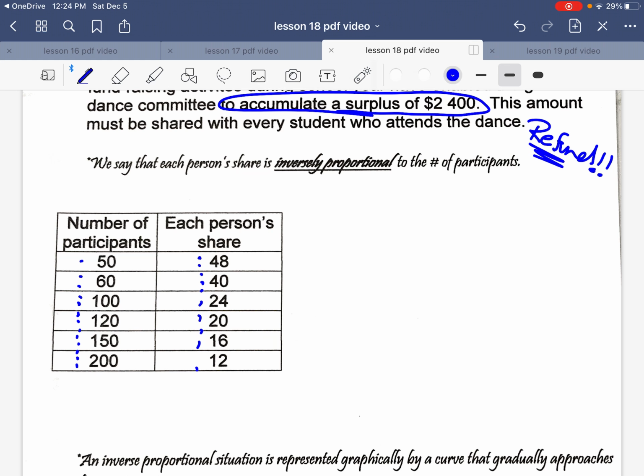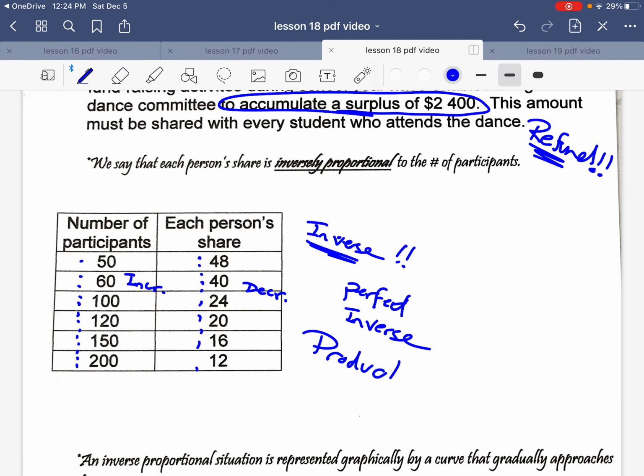So right there, I see that this is increasing while this is decreasing. That is inverse. That has to happen. But to prove that it's perfectly inverse, I want to do the product of the X and Y here.